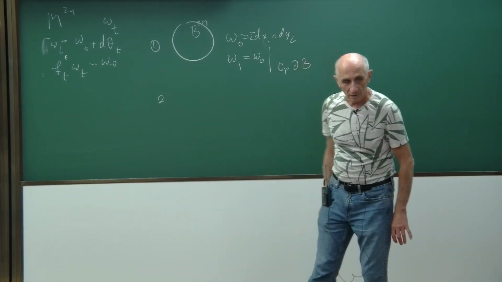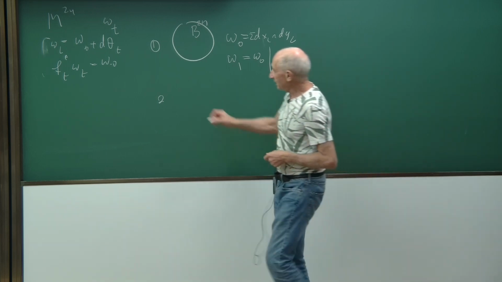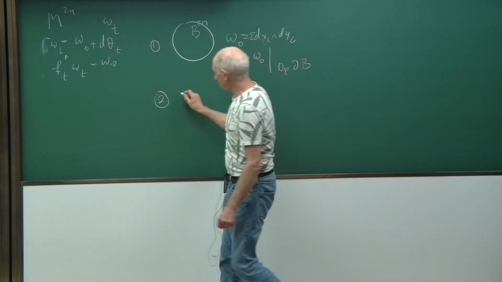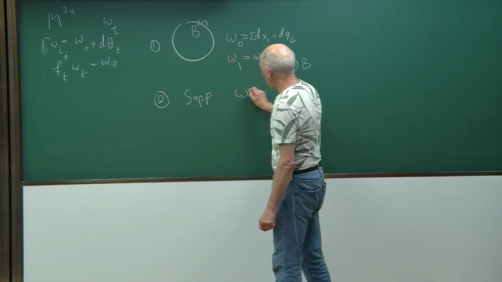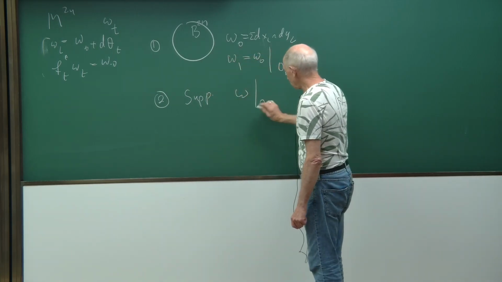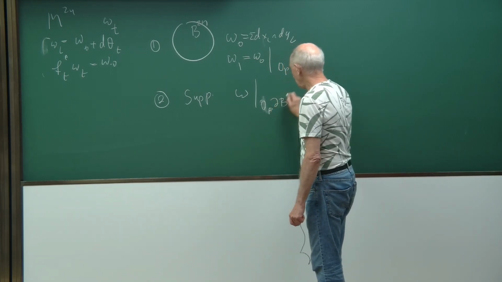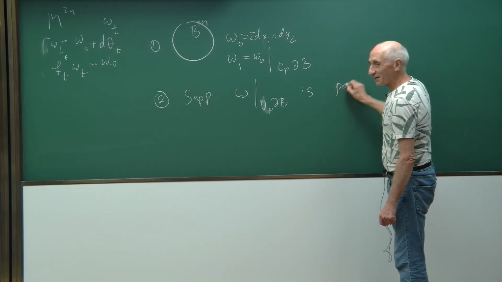Okay. But let's consider this question, and then you can ask another question: suppose omega restricted to this neighborhood of the boundary of B is, let's say, potentially extendable.